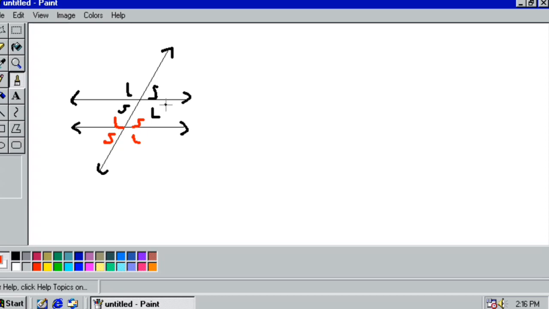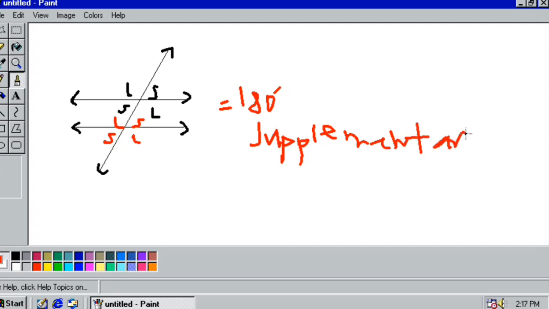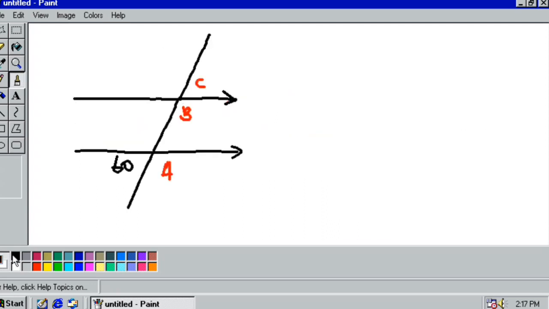So we note that together a large angle and a small angle form a straight line, which is 180 degrees. So the large angle and the small angle are supplementary. Angle A and the 60-degree angle form a straight line which measures 180 degrees.